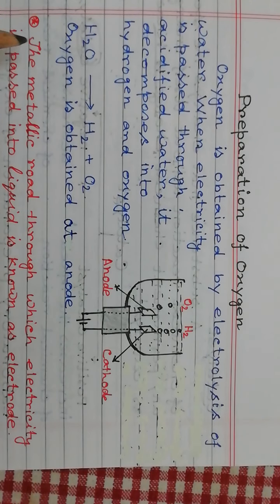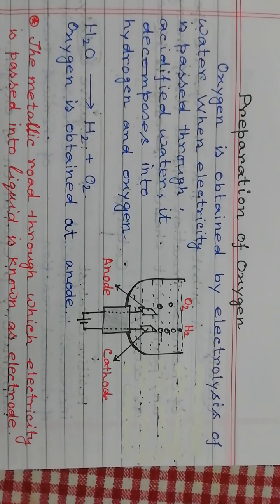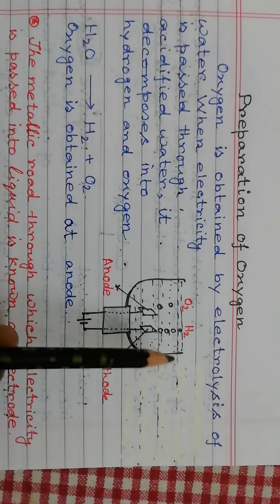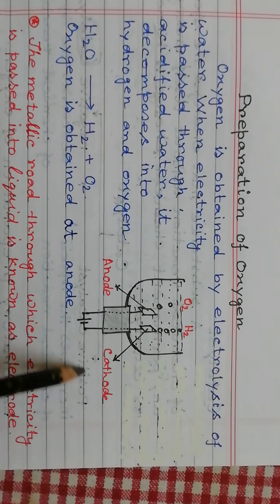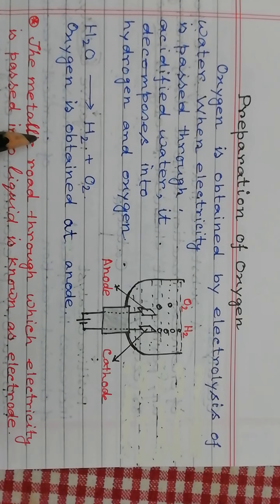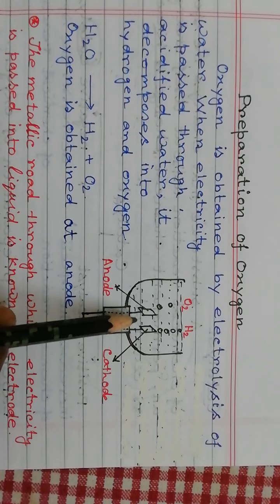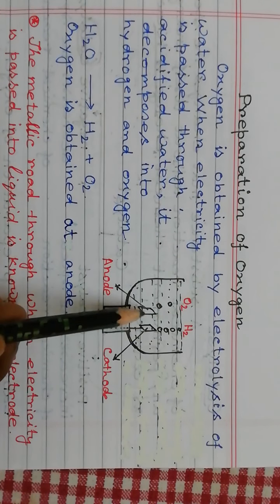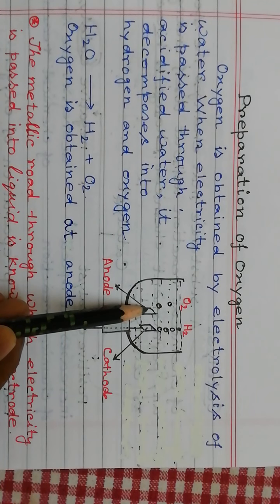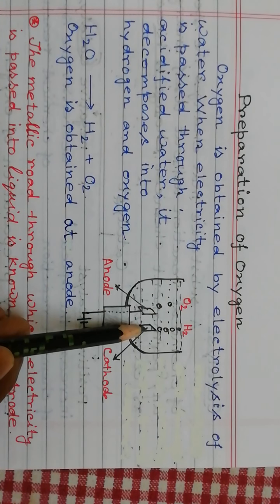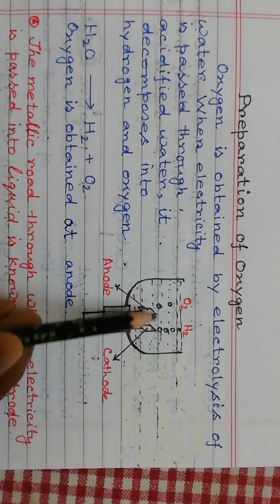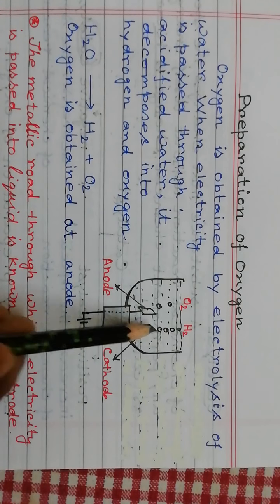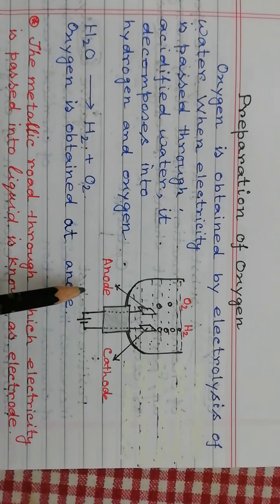Now the question is, how do we pass electricity through the water? This is the arrangement of the electrolysis of water. Here we use two metallic rods, through which the electricity is passed through the liquid.